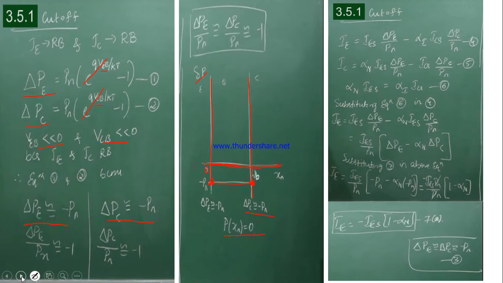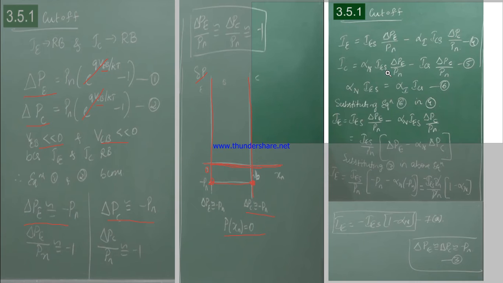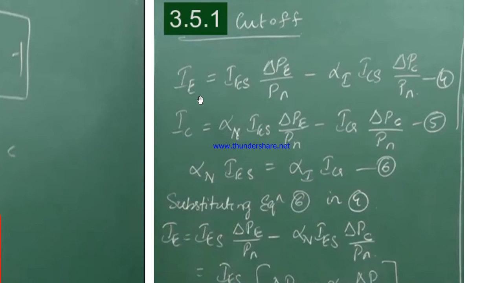IE equation, as you can see over here. IE is equal to IES delta PE by PN minus alpha I ICS delta PC by PN. These equations are from the coupled diode model equation. In the coupled diode model, refer to the 4B as well as the 5B equation.